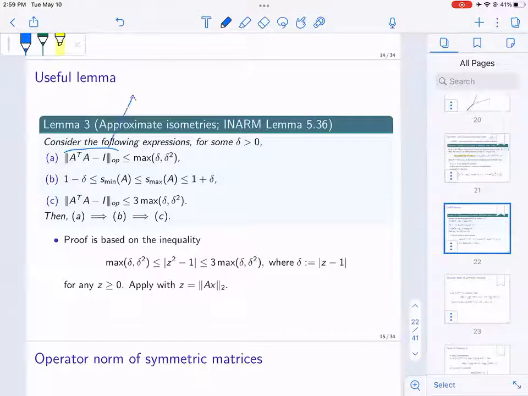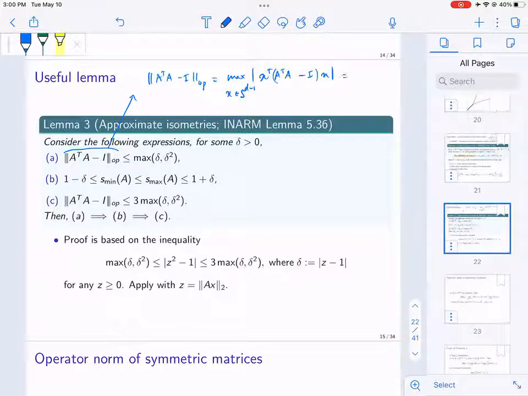If you look at this, this would be the supremum, let's say maximum, over x in S^{d-1} of x transpose A transpose A x.